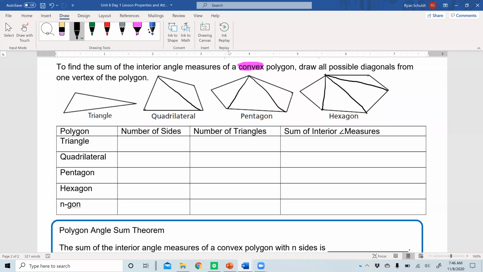So I said we're done, but we're not done with triangles. Let's see if we can figure something out here. So let's focus on the triangle. How many sides does a triangle have? 1, 2, 3 sides. How many triangles is inside that one?